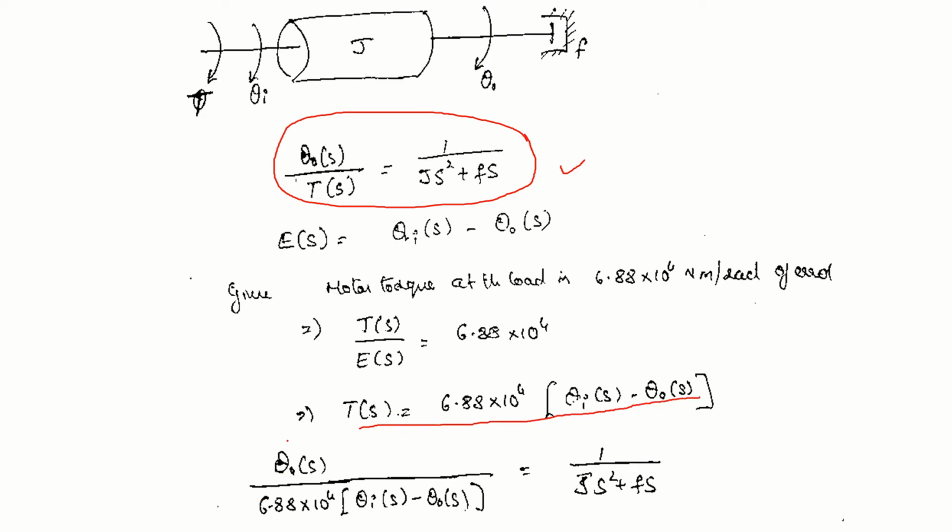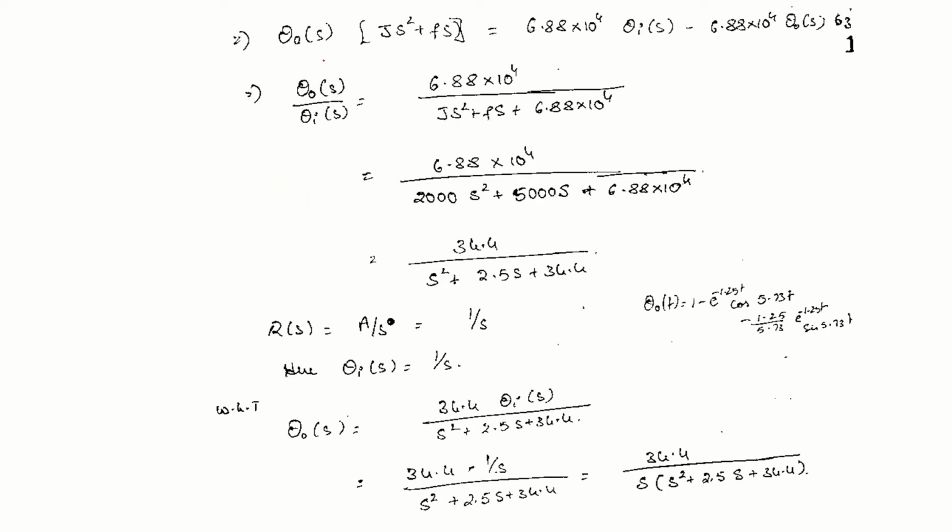Theta naught of s, T of s is this value. I substitute. This equal to 1 by J s square plus Fs. So theta naught of s by theta i of s is given. Now we can get this G of s divided by 1 plus G of s H of s. Fine. We have got theta naught of s by theta i of s.